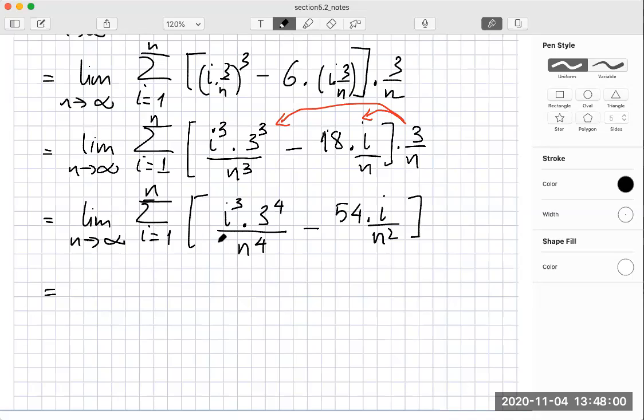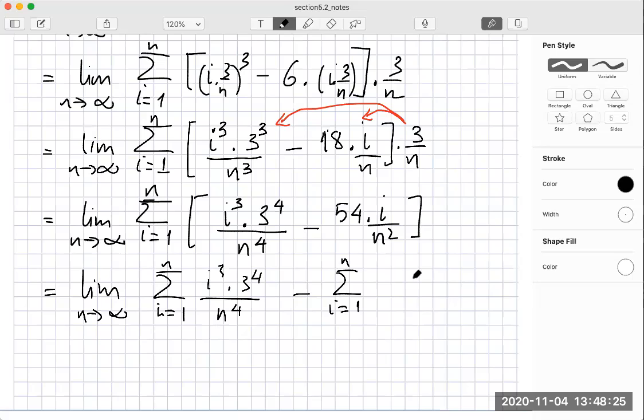So the sigma of a difference, so number 11, will be the difference of the two sigma here, when I is equal to 1 to n of I cubed multiplied 3 to the 4 divided by n to the 4th here, minus sigma when I is equal to 1 to n of this number multiplied I divided by n squared, right? So are we good with this?